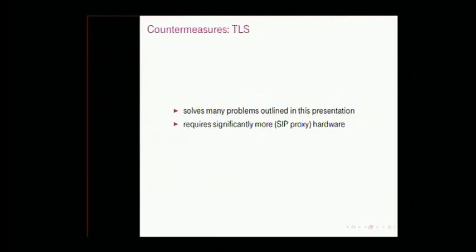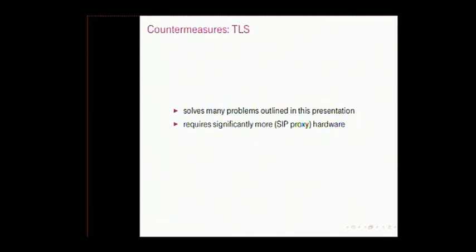Another thing is TLS. The idea is to protect all signaling traffic with a TLS connection. So you can simply ignore all messages that don't come over this connection. This works with NAT, solves many problems.